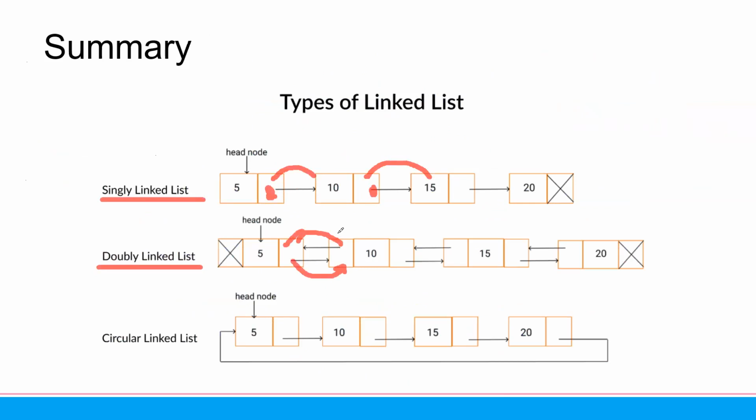So this node connects to the next, and this node connects to the previous. Actually, there is another kind of linked list, but I think I will skip this one. It is the circular linked list. The idea is similar to the circular queue that you already learned, and we can also use it as a linked list.